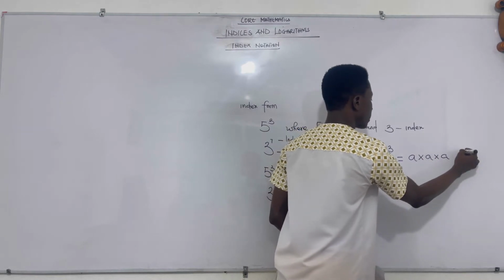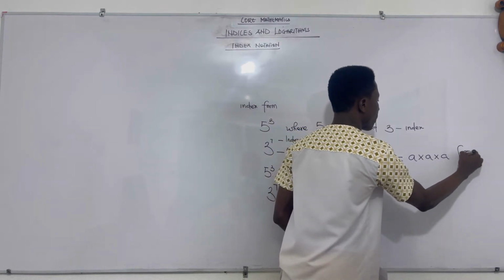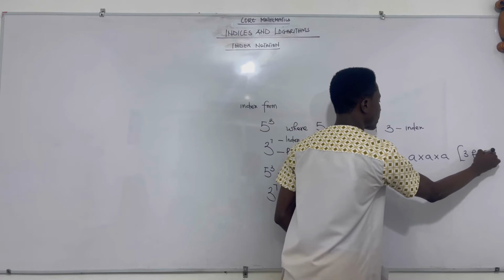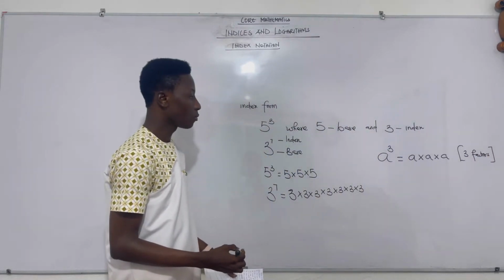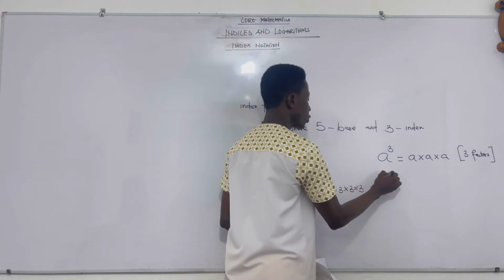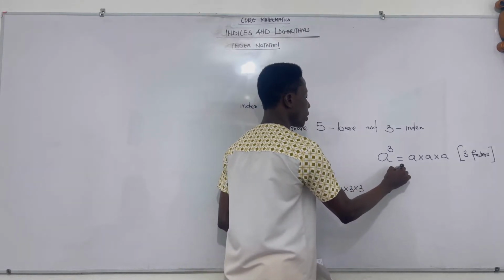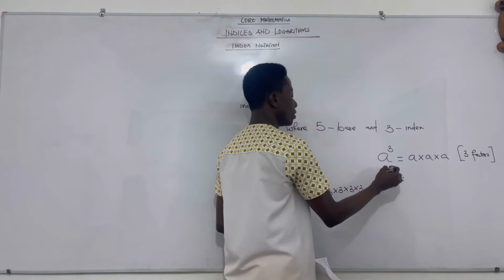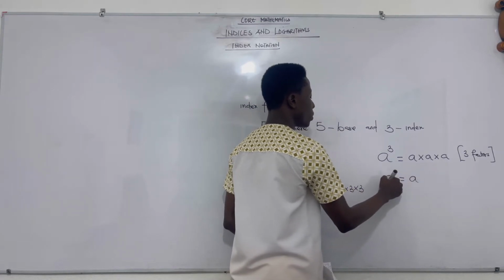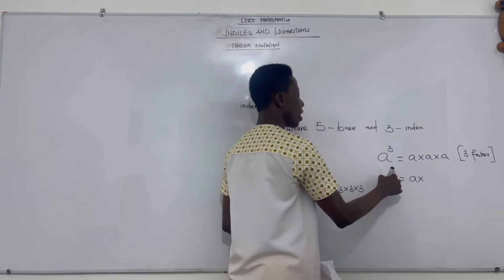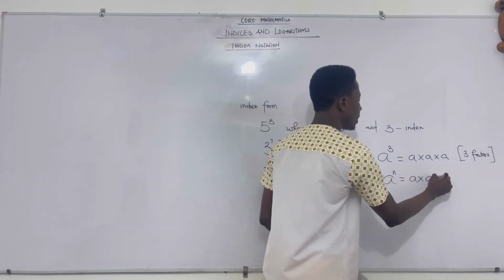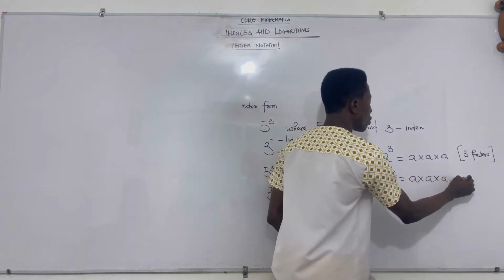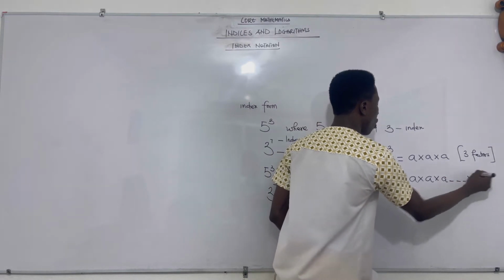So how many occurrences here? We have 3 occurrences or 3 factors. That is also to say, if you have a to the power of n, then it means a should be multiplied to itself n number of times. So a times a times a, and so on.